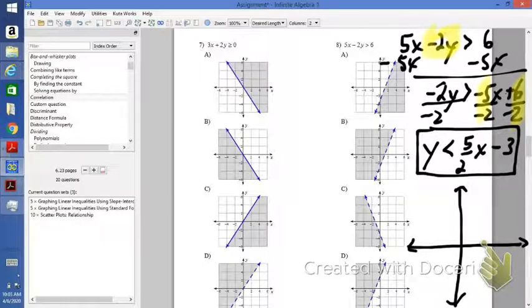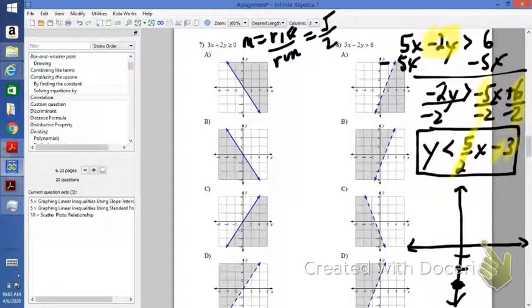Alright, so the y-intercept is the first thing that we plot. That's -3. And then the slope is 5/2. So slope equals rise over run.